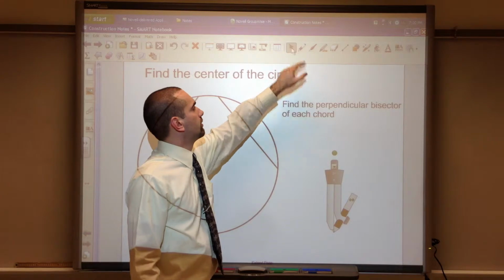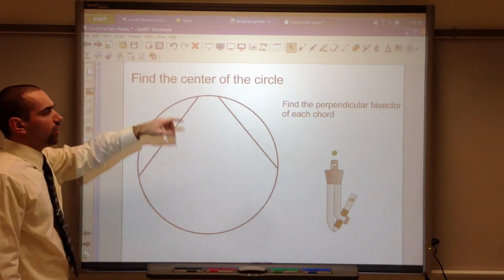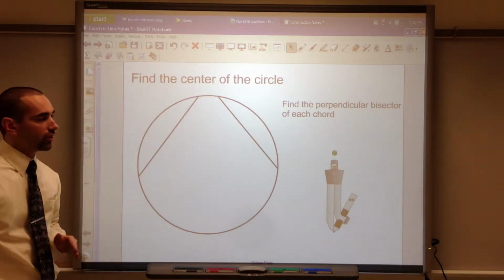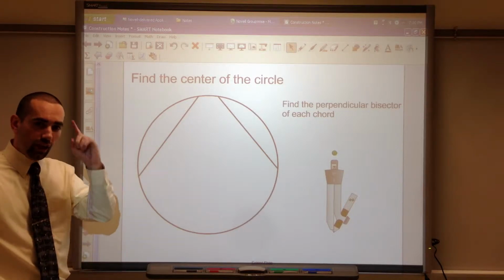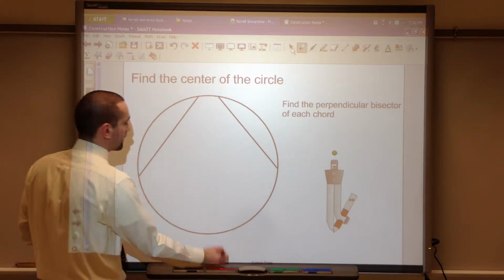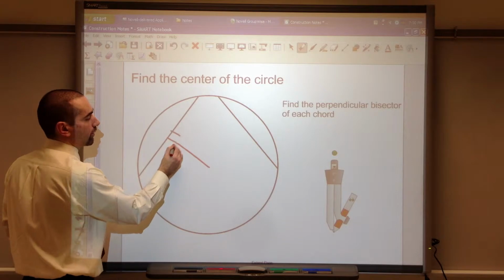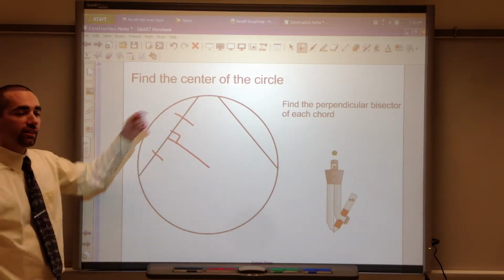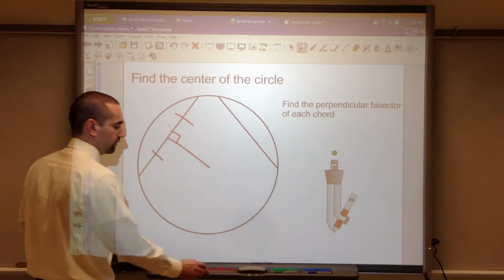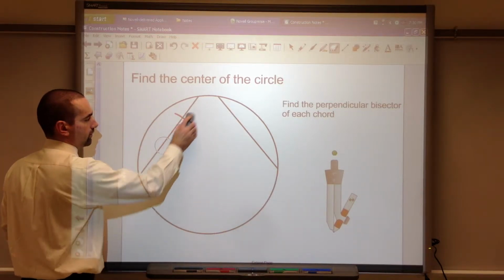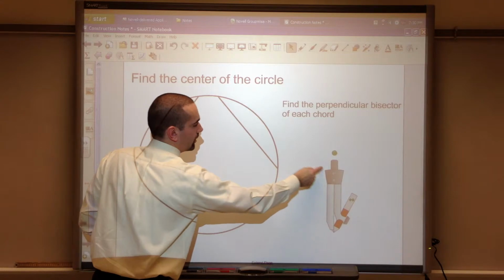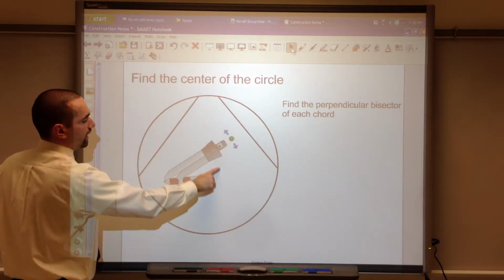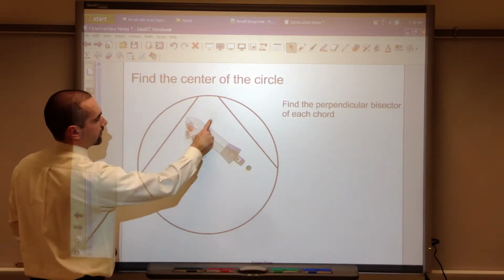Now that we've found two chords, we're going to find the perpendicular bisector of each chord. Now, the reason we're doing that is, remember, the radius is perpendicular and bisects the chord. So I'm going to use my compass, and I'm going to bisect this chord.